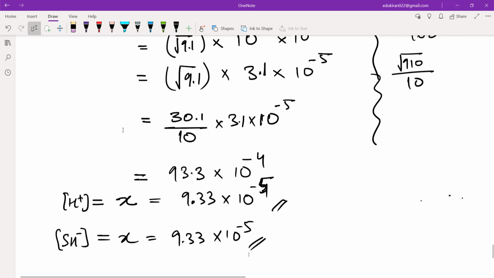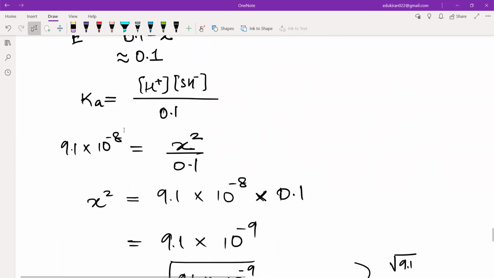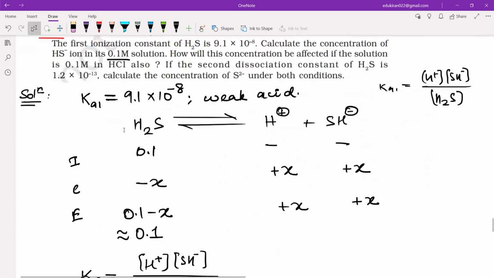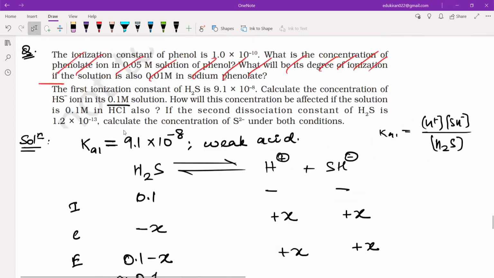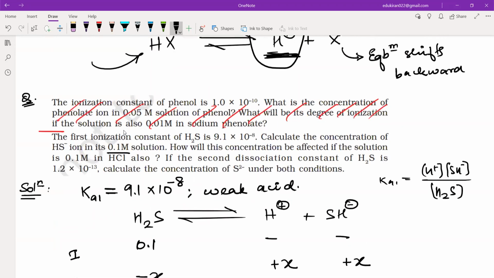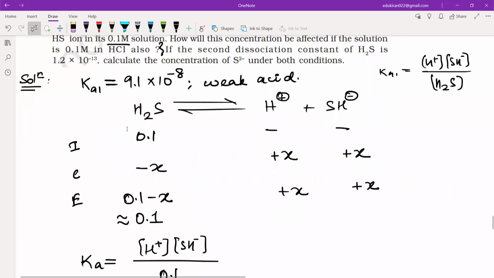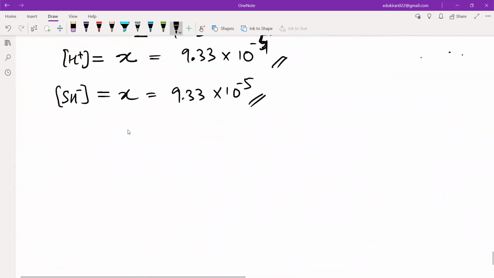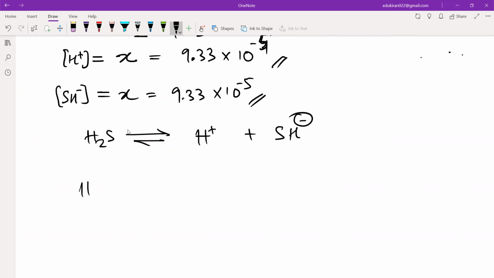Now let us suppose, what you have to calculate: how will this concentration be affected if the solution is 0.1 molar in HCl also? In the presence of HCl, now we have two reactions happening. H2S gives me H plus and SH negative, and then HCl also gives me H plus and Cl negative.